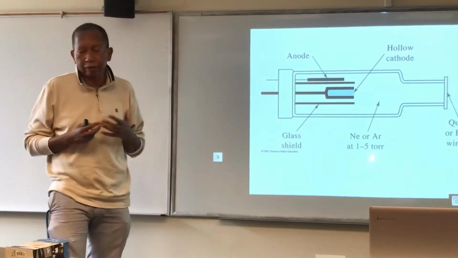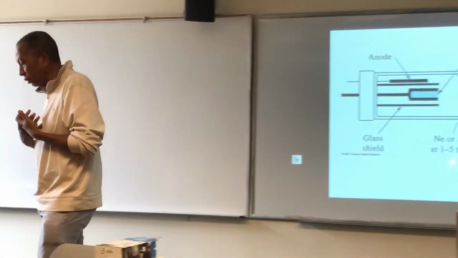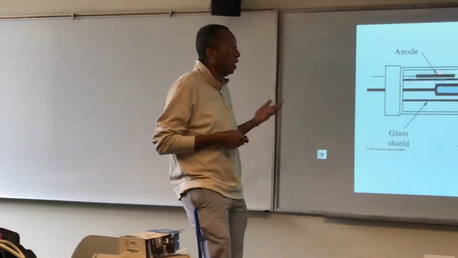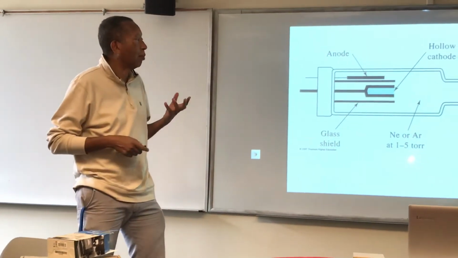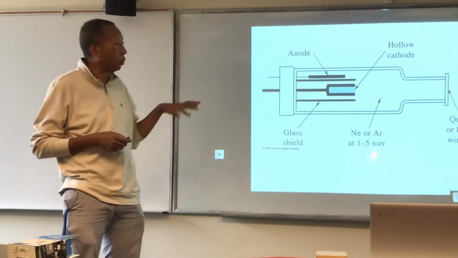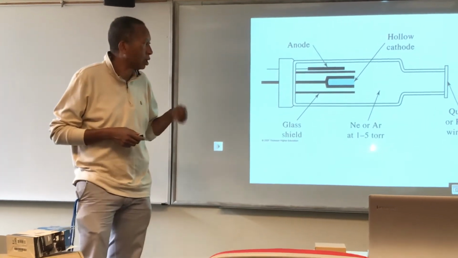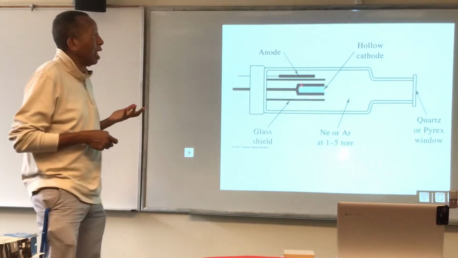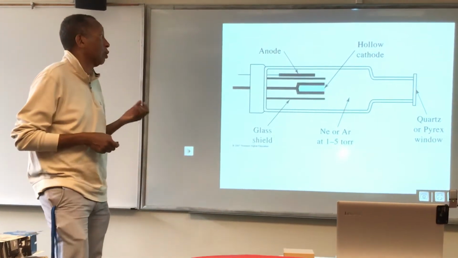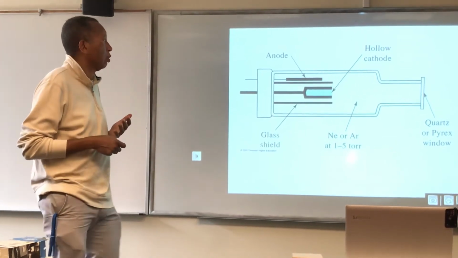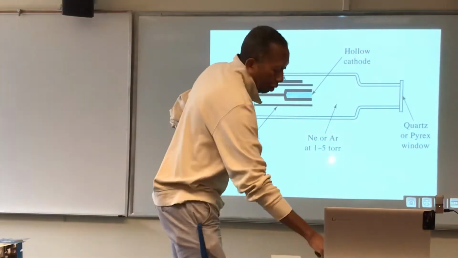So one of the disadvantages or hindrances to atomic spectroscopy is that we have to have a hollow cathode lamp which is metal specific. So if we're doing calcium, we have to put in a calcium lamp. If we're doing zinc, we have to put in a zinc lamp. They've now created some lamps which have multi-elements. So we have a calcium, magnesium, zinc lamp. So that does those three. So that you have to keep in mind.